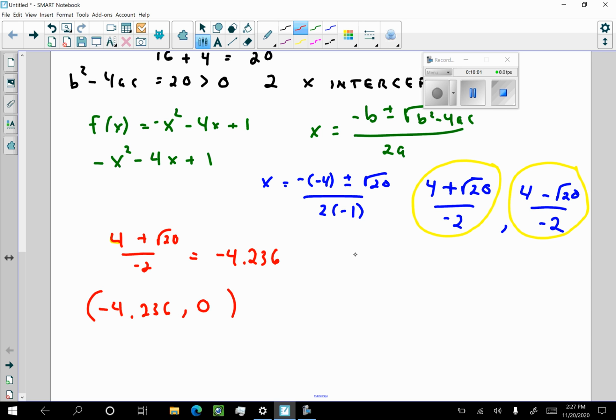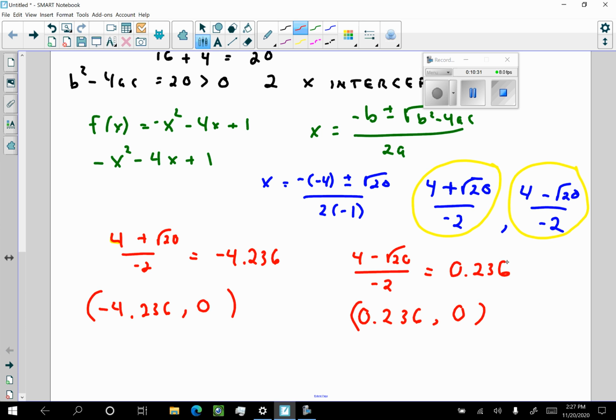And this guy right here, 4 minus square root of 20 over negative 2, that is equal to 3 decimal places. Make sure you use 3 decimal places. So we're going to keep the AP mathematics requirements of at least 3 decimal places. So the other x-intercept is 0.236, comma 0.